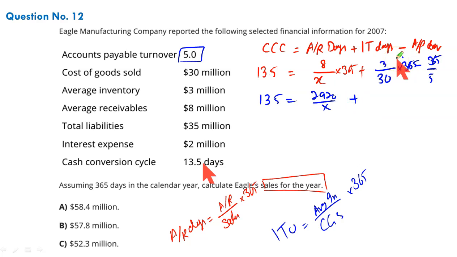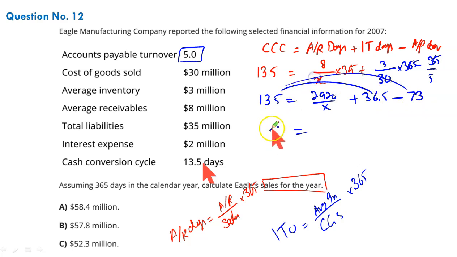Simplification of this should give you 3 upon 30 times 365. That's 36.5. 365 upon 5 gives you 73. You just have to make X the subject of the equation, and that's all. Simplifying these first, 36.5 less 73, and taking this to the other side of the equation, deducting this 13.5, that gives you a total of 50.